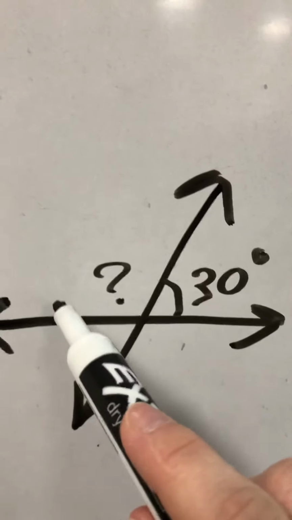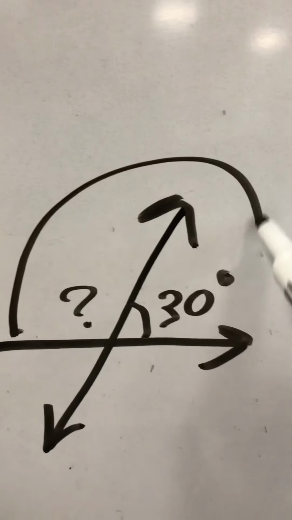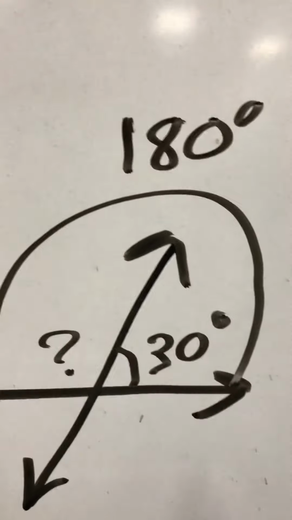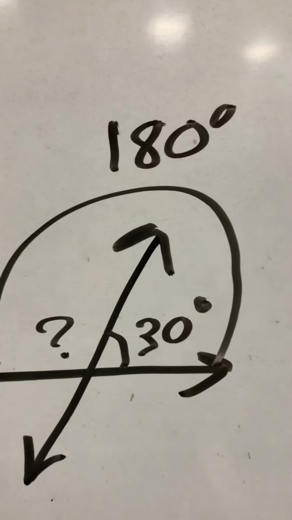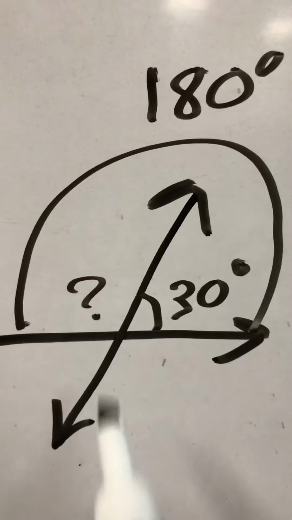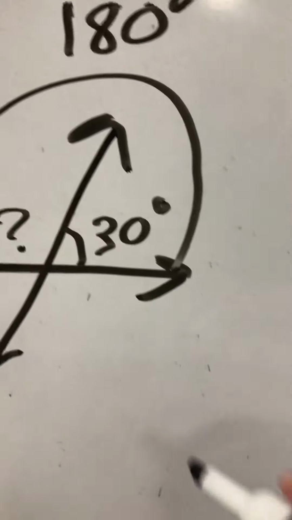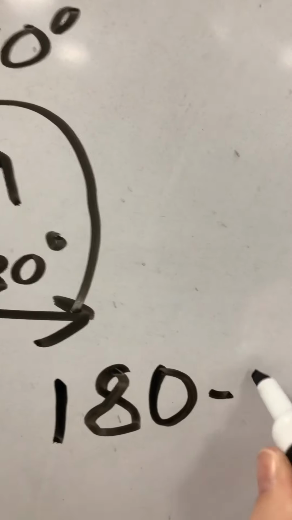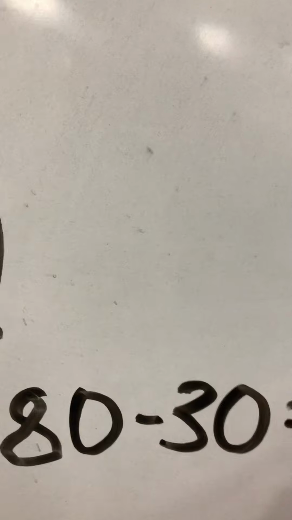This whole angle is 180 degrees because it's a straight line. So in order to find this question mark, we would need to take 180 minus 30 and see what that equals.